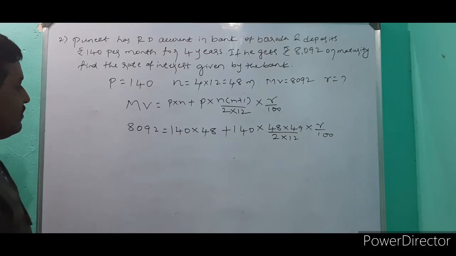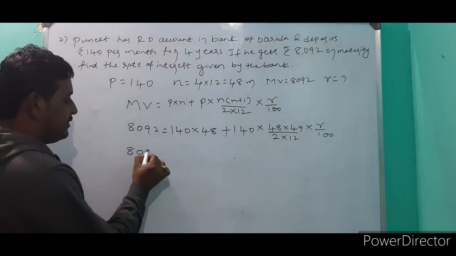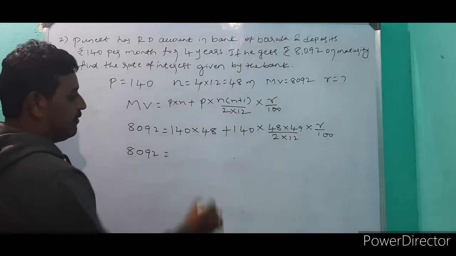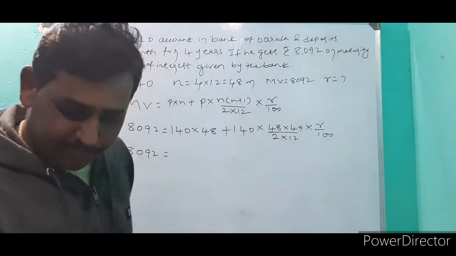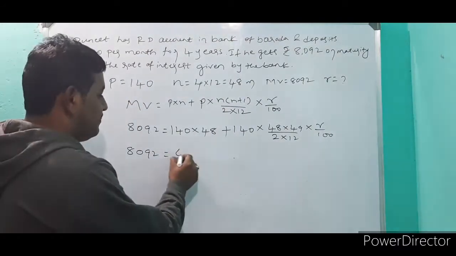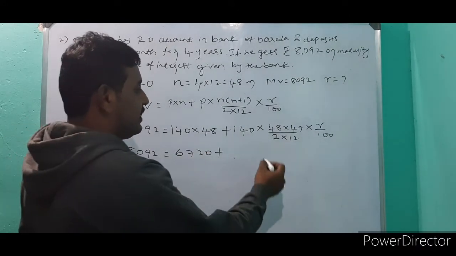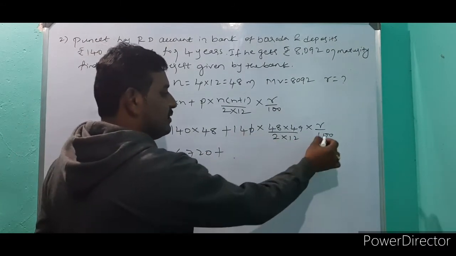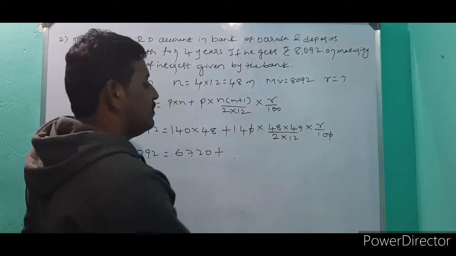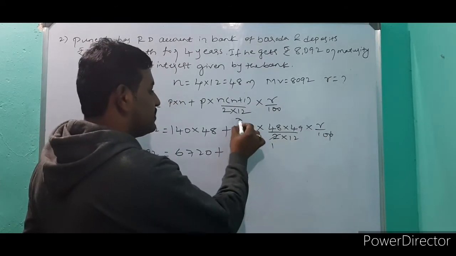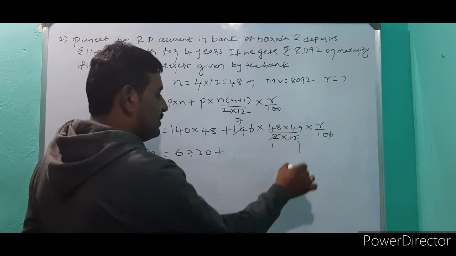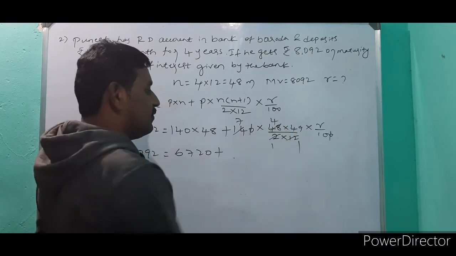So first, 8092. Multiply 140 into 48, you will get 6720 plus. Here you can cancel 10: 2 ones are 2, 7 ones are 7, 12 ones are 12, 4 ones are 4.